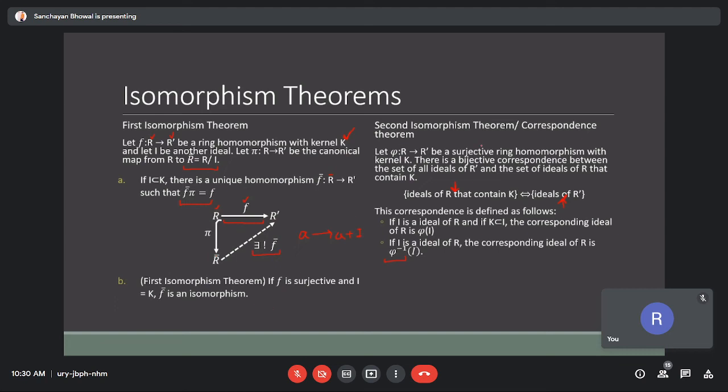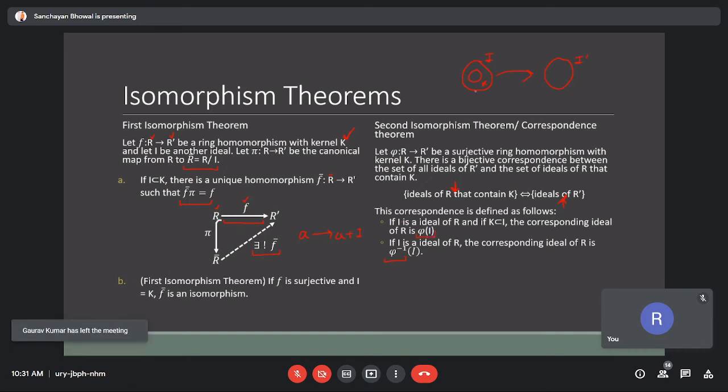Okay. Now we have the second isomorphism theorem. Let's say we have an ideal I here, which contains K. If I know about this I, I will know about an ideal of R dash. Now, how is this bijection defined? It is defined with the help of the homomorphism that is given to us.